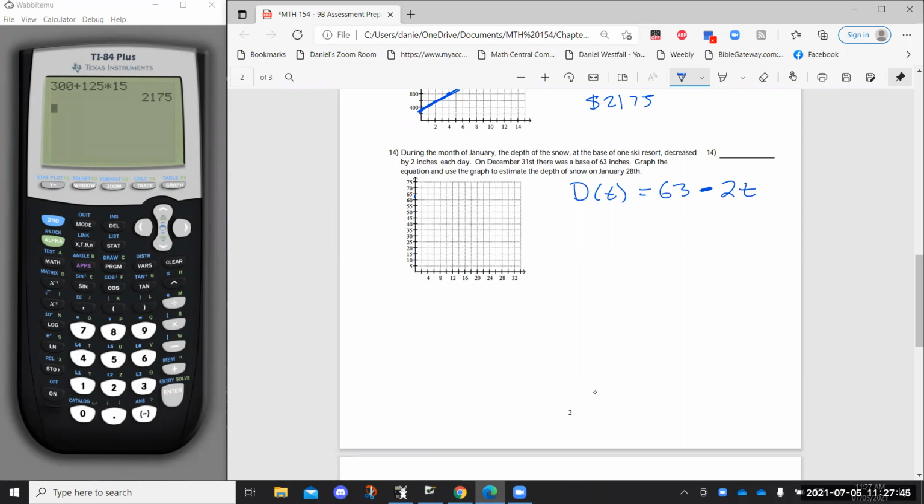Lost 2 inches, and these are in increments of 2, so let's do 4 inches. It went down to 59 for this day. And then it lost another 4 inches to go to 55 and so on. So it's on a downward trend like this.